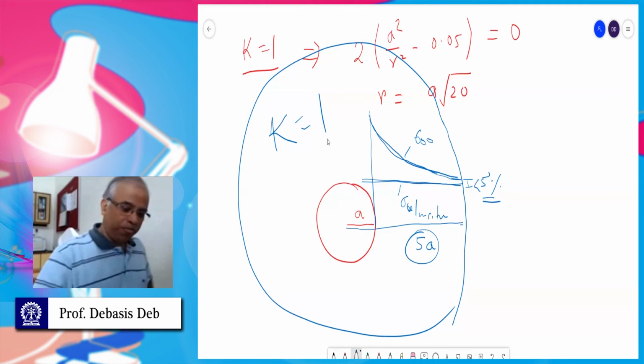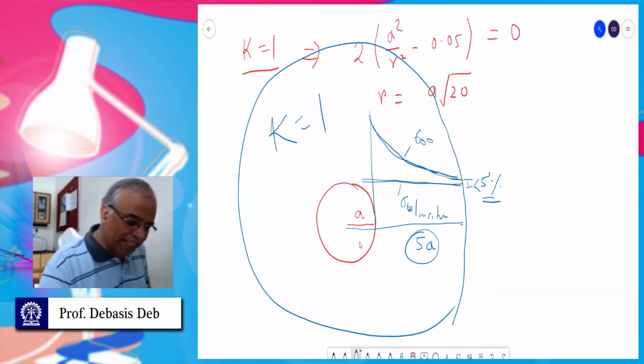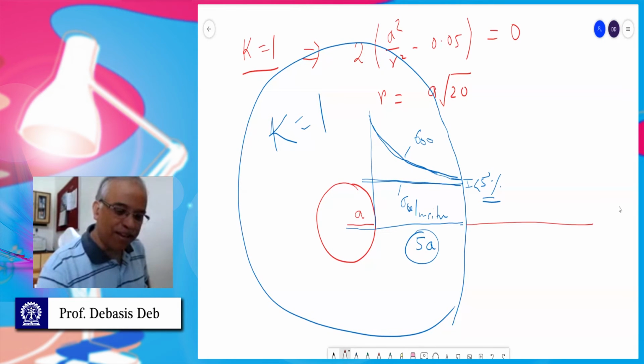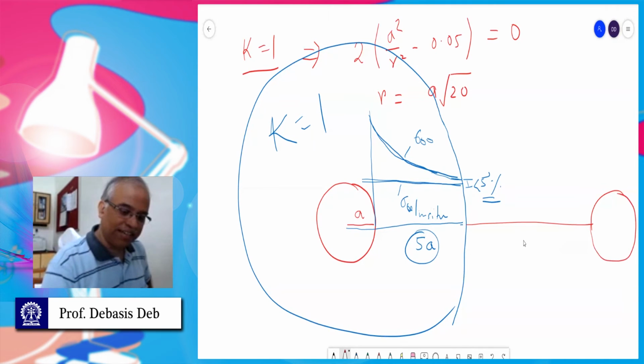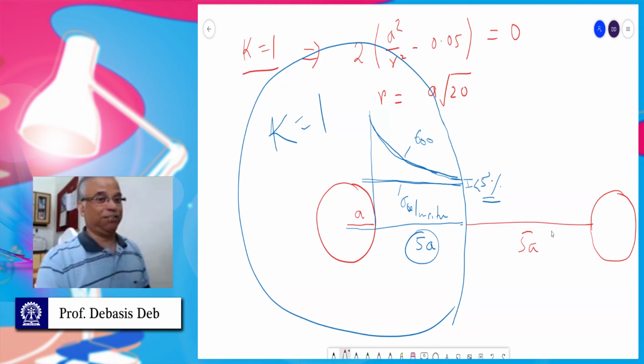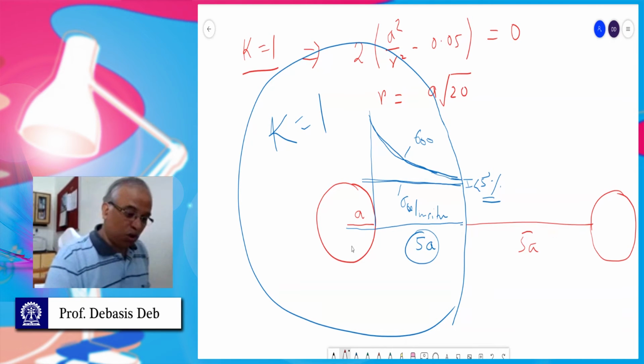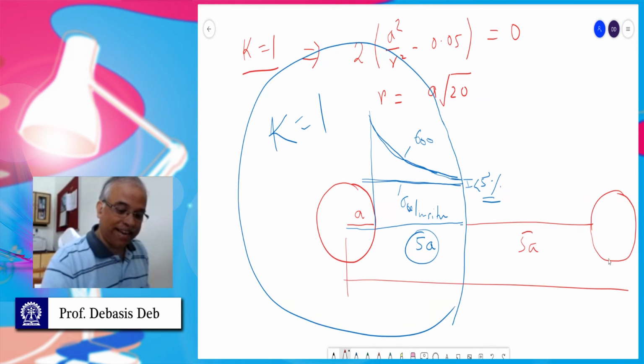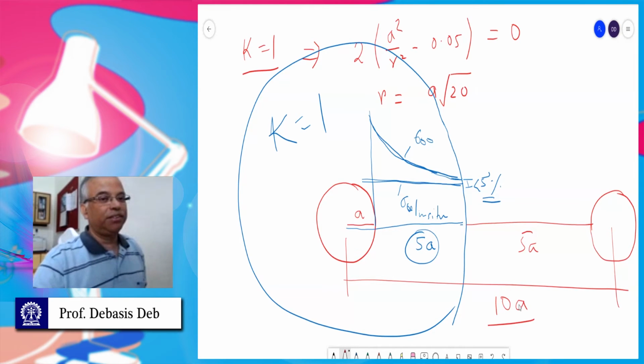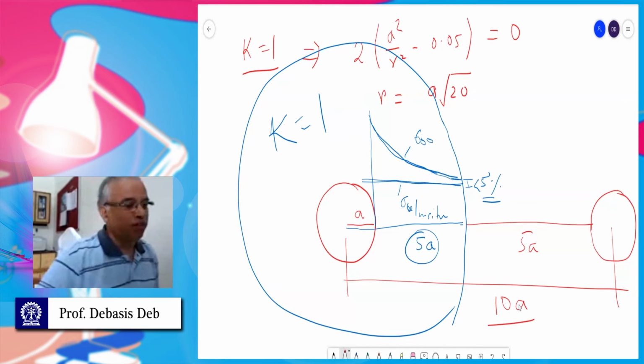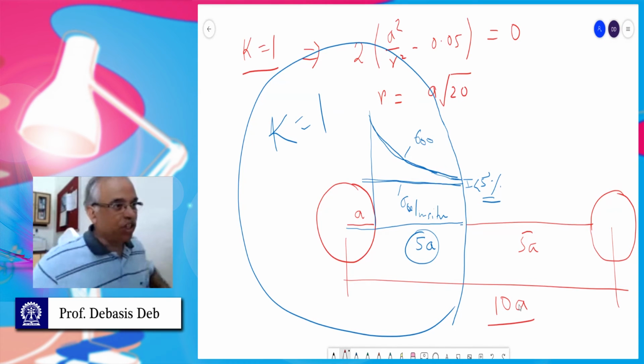If you have to make another tunnel, you should be at least another 5A away, and your other tunnel is also 5A here, at least. So you must be at least 10A away from each other.